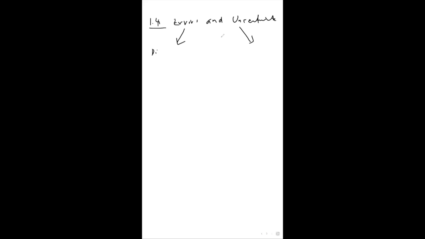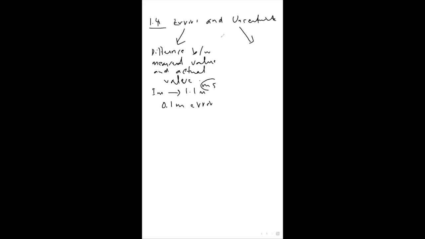Error is the difference between the measured value and the actual value, right? So you have a bar of 1 meter and you measure it to be 1.1 meter. So 0.1 meter is the error, right? This is measured and this is actual, right?